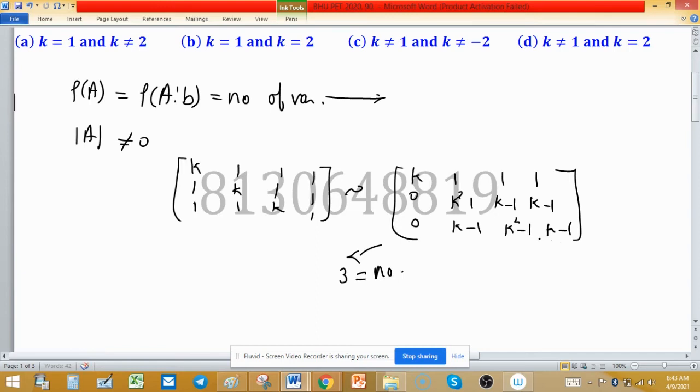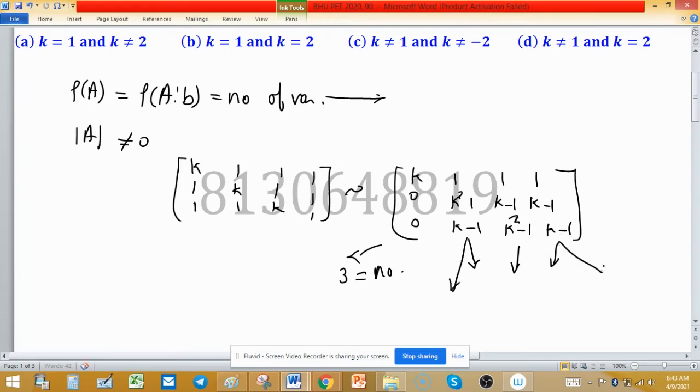Because k minus 1 is involved in all these last row entries, we cannot draw a conclusion from them.